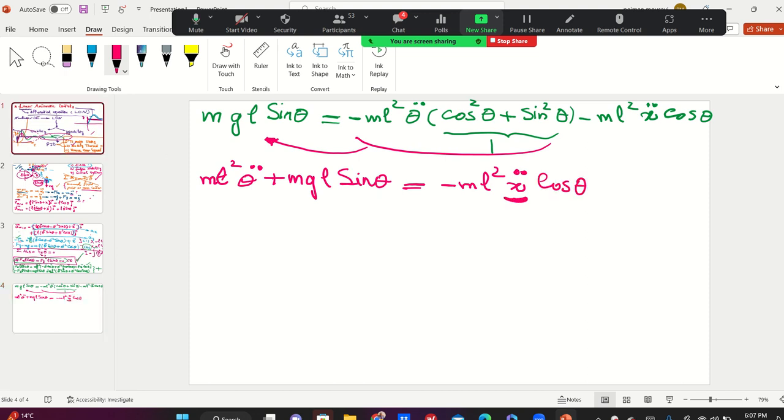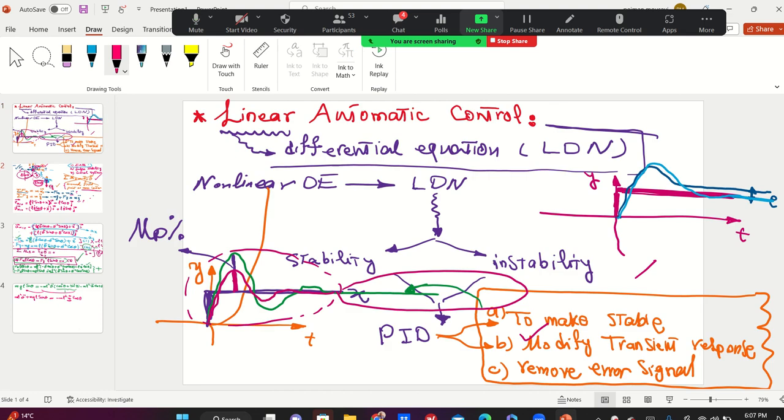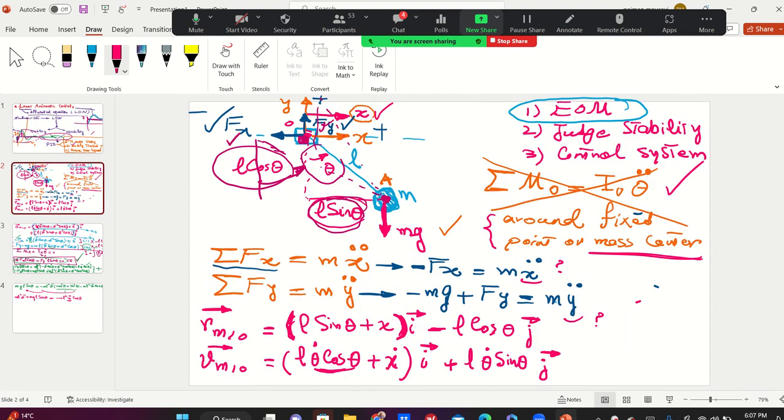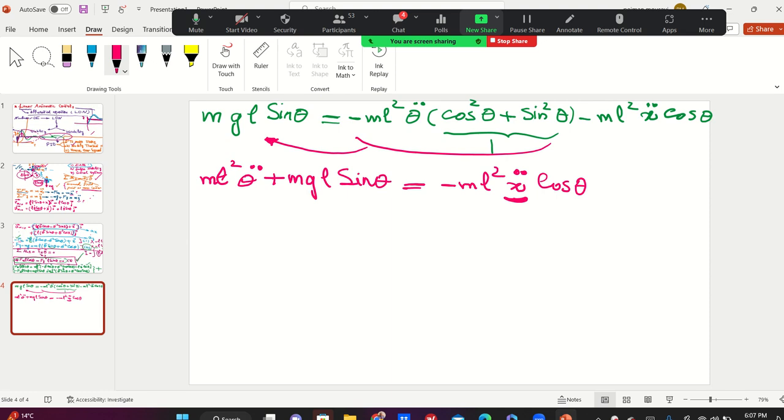Look here, guys. The base moves with x of t by itself, so it's the double derivative, the acceleration of the base. So this m with this m, this L with one of these L's, goes away.